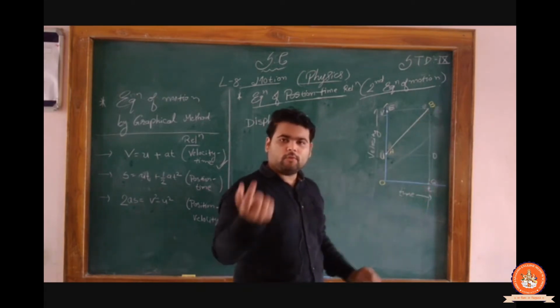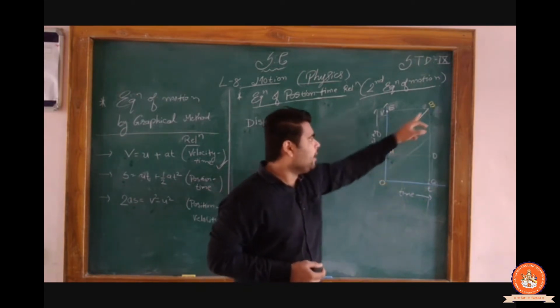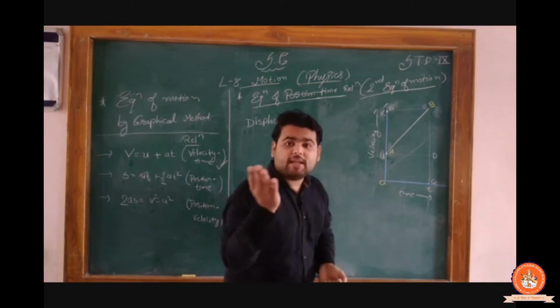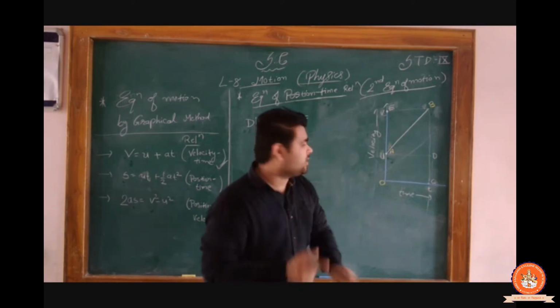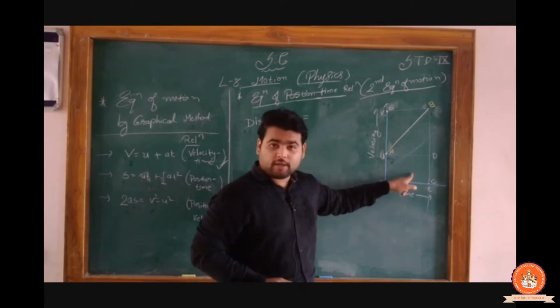So for finding the area of OABC, we are just dividing the area into two sections. One is the triangle and another is the rectangle.